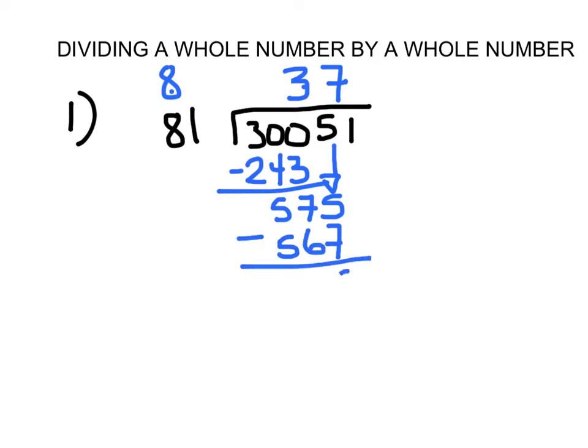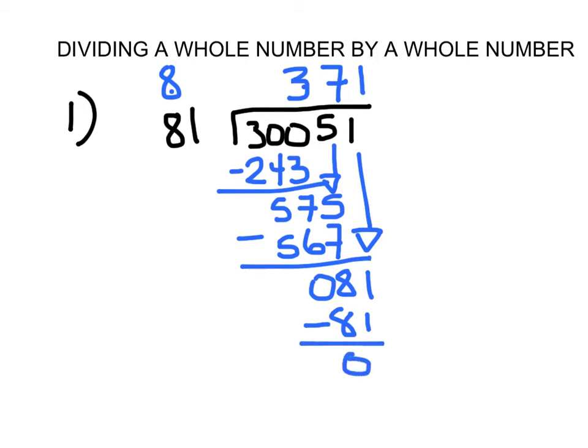We subtract, we borrow, and get our next number down. How many times does the 81 fit into 81? Once. We multiply and subtract, and this is our answer, 371.